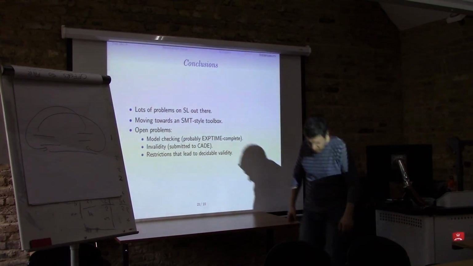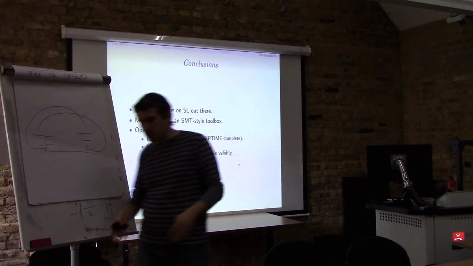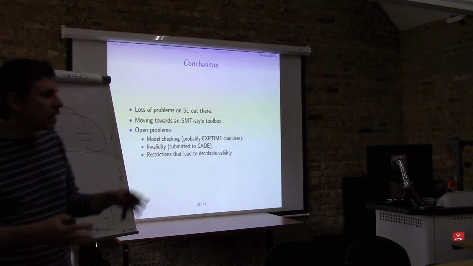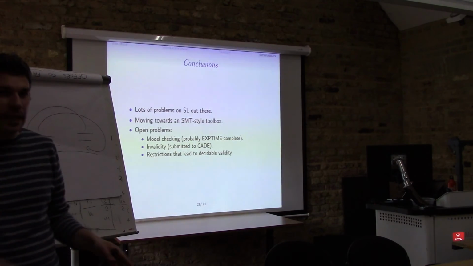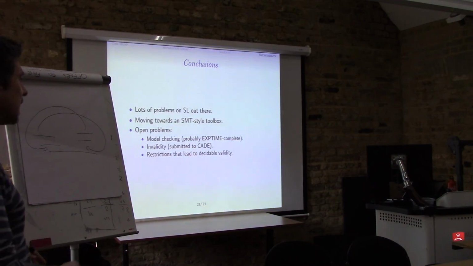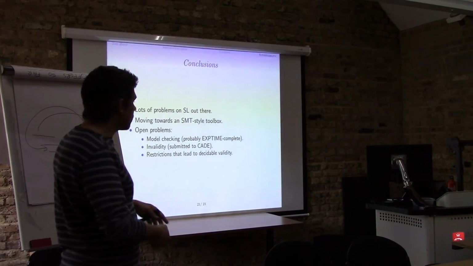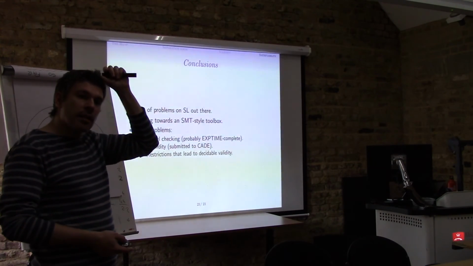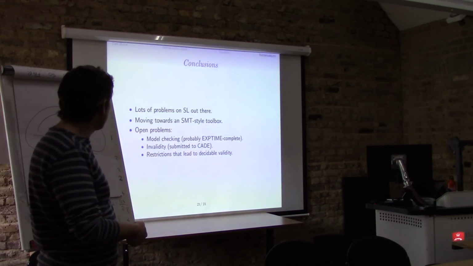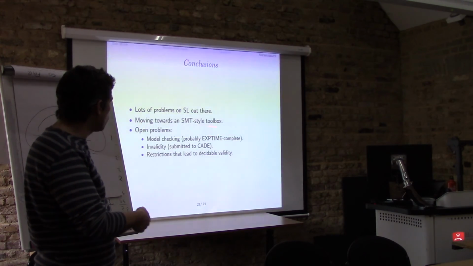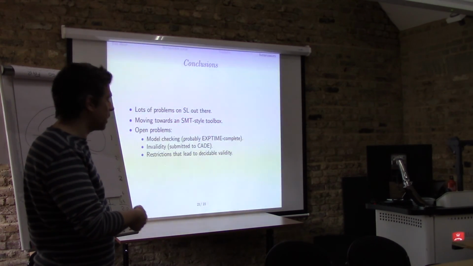there are lots of problems because separation logic has been studied for the last, say, two decades. Okay, even less than that. So there are lots of problems out there that are open. People generally are moving towards an SMT style situation.